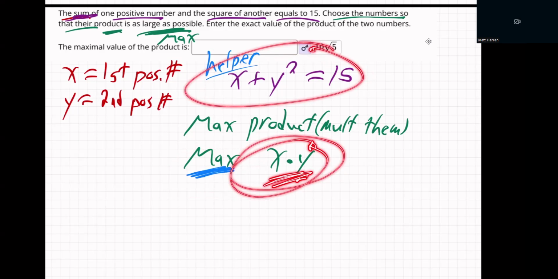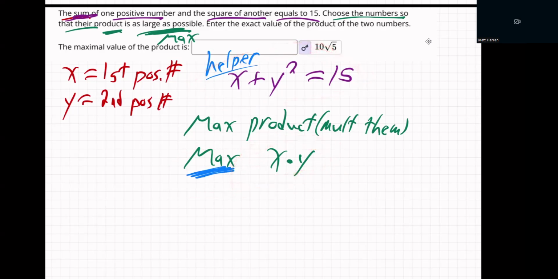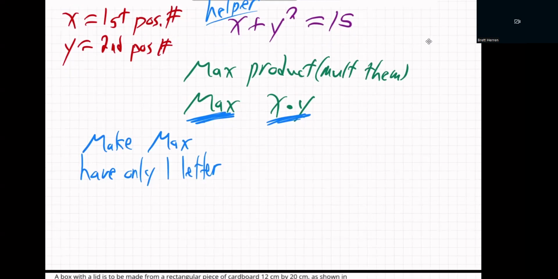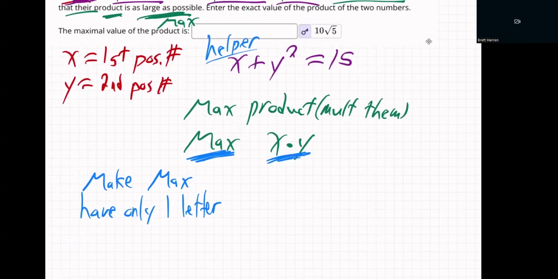So how's that work? Basically the game plan is to make the max or the min or whatever have only one letter. That's the trick. We don't want two letters. So how are you going to do that? Well, you use the helper.